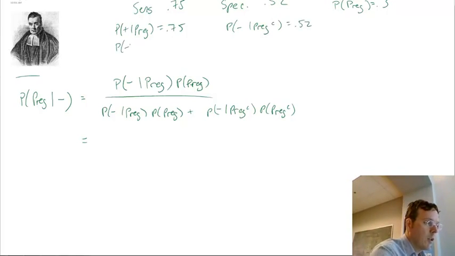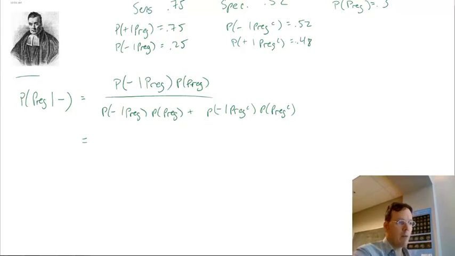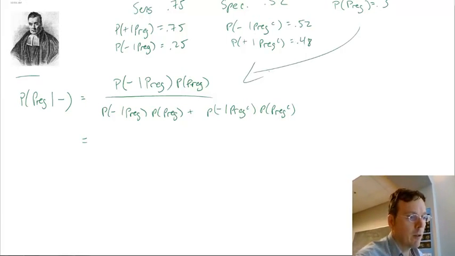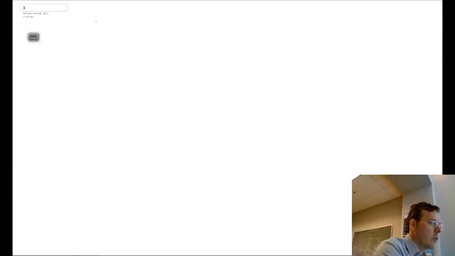So the probability of a negative test given that the person is pregnant is 0.25, and the probability of a positive test given that the person is not pregnant is 0.48. Okay, so now you have all the numbers. You can plug all these into the equation, and you get that it's about 17%.